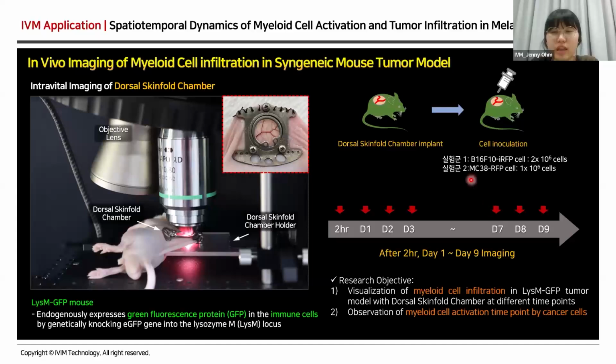Two different cancer cell lines were injected into two separate groups of mice, and imaging was carried out at multiple time points, 2 hours post-injection, and then from day 1 to day 9 post-injection, in order to capture the temporal patterns of myeloid cell infiltration and monitor their activation.